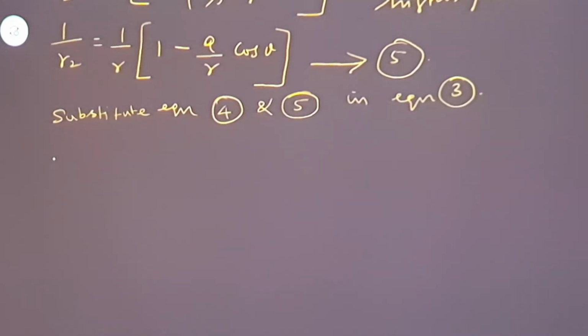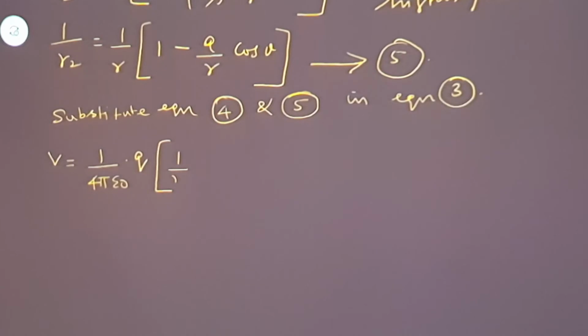How? See, in equation 3 you got V is equal to 1 divided by 4 pi epsilon 0 into Q multiplied with (1 by R1 minus 1 by R2). Instead of 1 by R1, I am substituting the fourth equation.